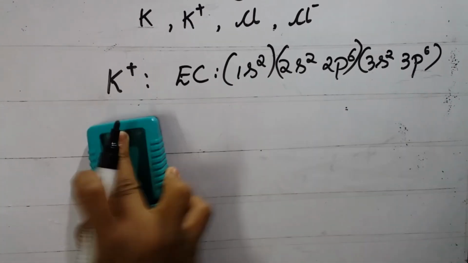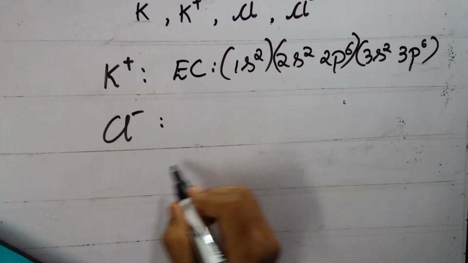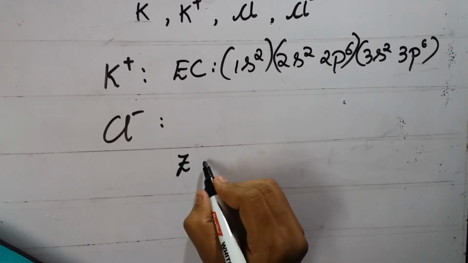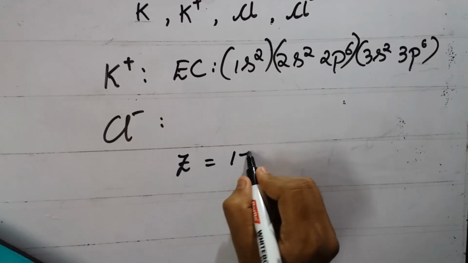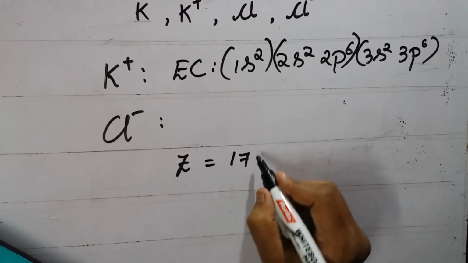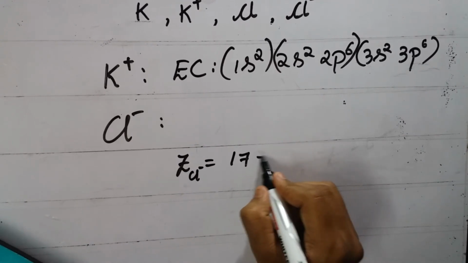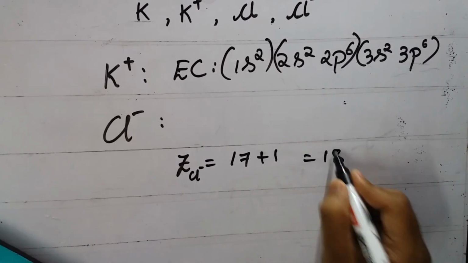Now Cl minus ion, where the Z value of chlorine is 17, as minus indicates reduction or addition of electron. So the number of electrons in Cl minus would be 17 plus 1, which is 18.